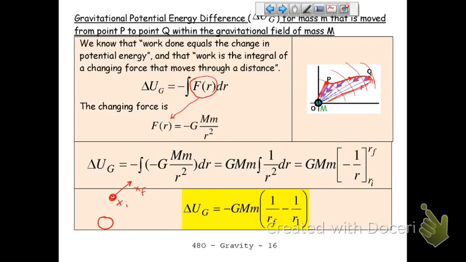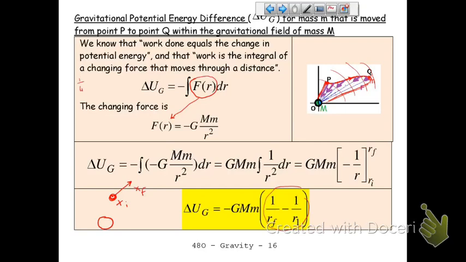If I go up, if r_f is bigger than r_i, then I get a negative value for this. Can you see that? 1 over something big minus 1 over something small is something negative.